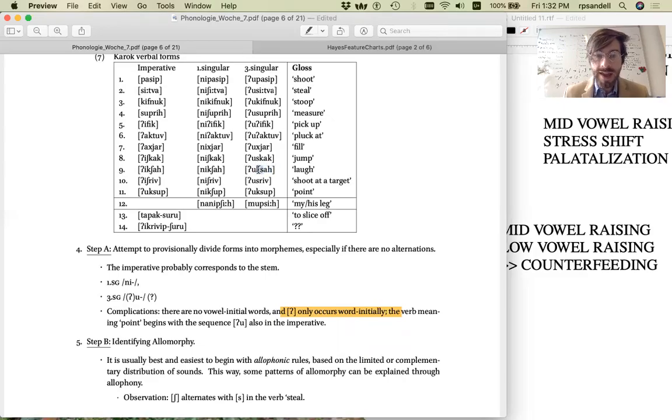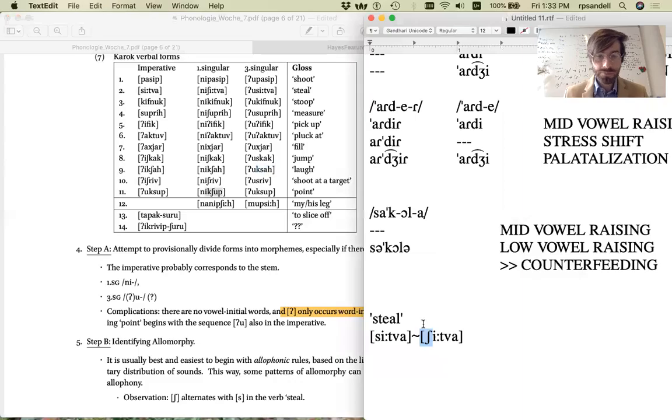So there an S occurring. And in 11, we also see uksup alternating with nikshup. So there are several of these cases. We can basically describe this as an alternation between an alveolar sibilant fricative and a palato-alveolar sibilant fricative.